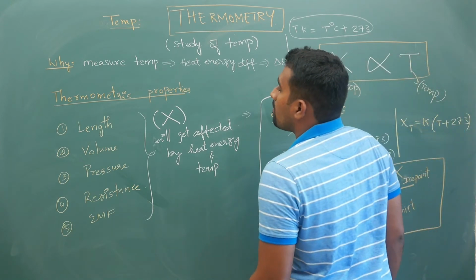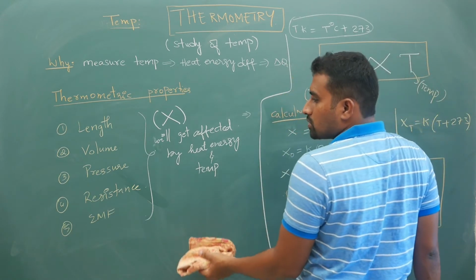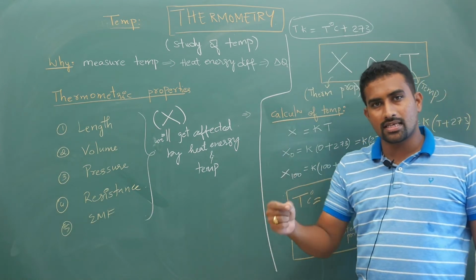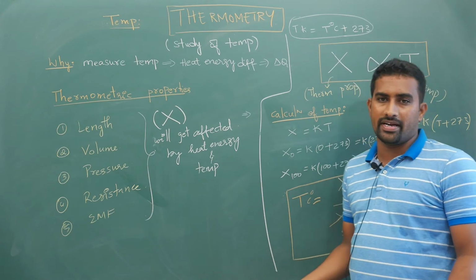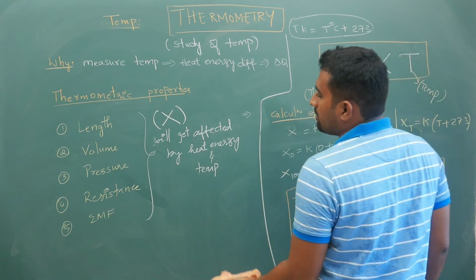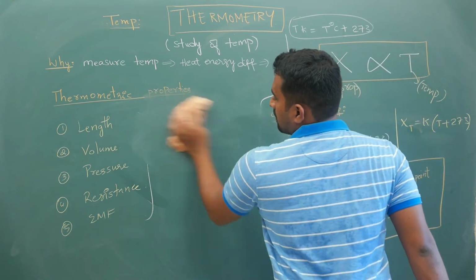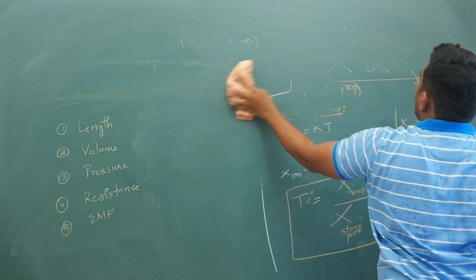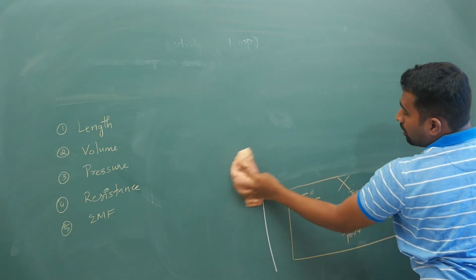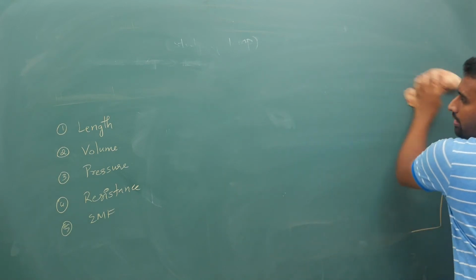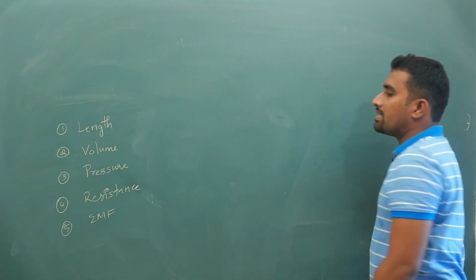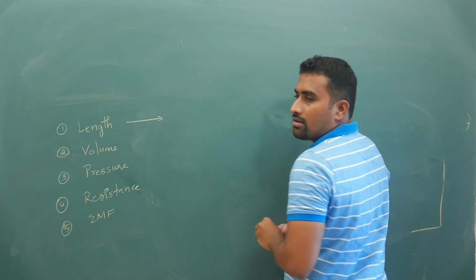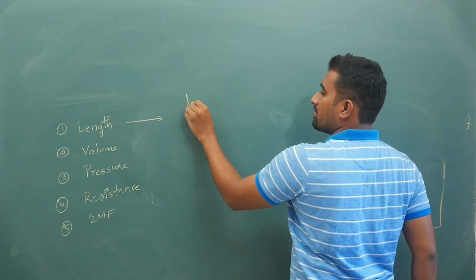Now what will your different thermometers do? Ultimately, with this measuring property X, you will mark these scales and call it a thermometer. So what are the different types of thermometers that you have? If it is your mercury thermometer, a length based thermometer, how will you measure temperature?